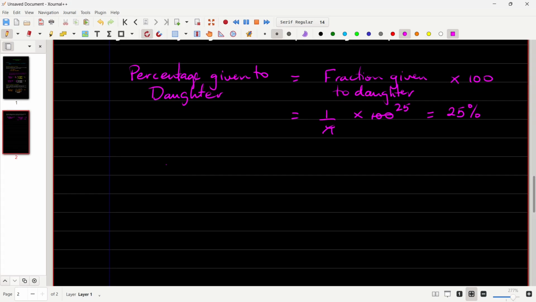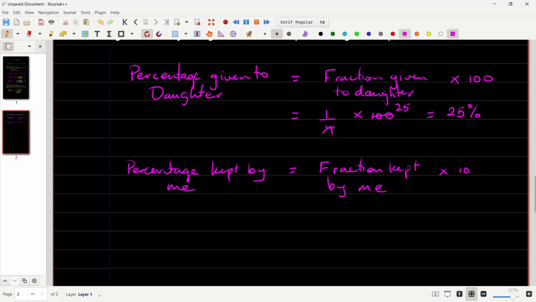Following the same principle, let's say the percentage kept by me would be equal to the fraction kept by me times 100, and I kept 3/4 times 100. 4 into 4, 1, 4 into 100, 25, and then that will be 75%.